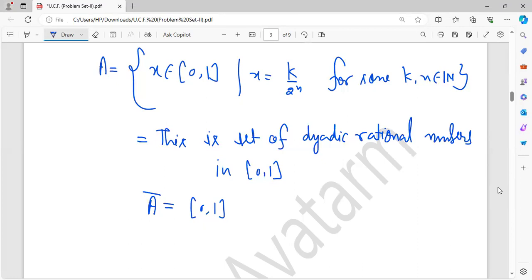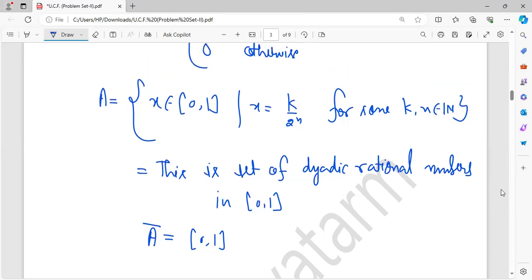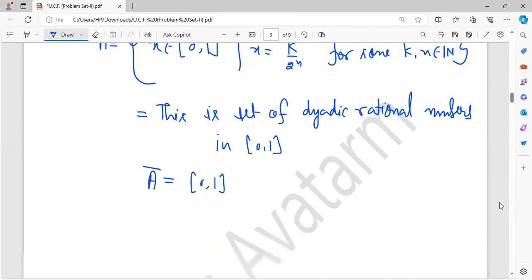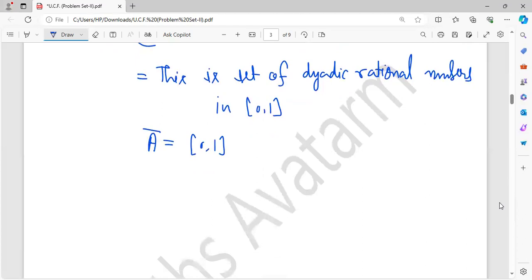On such dyadic numbers we have functional value 1, otherwise 0. It means it is behaving like a Dirichlet function. So f is not a Riemann integrable function, and it is a standard example. Once you have 1 at dyadic rational numbers on the closed interval and 0 otherwise, that function is not Riemann integrable.